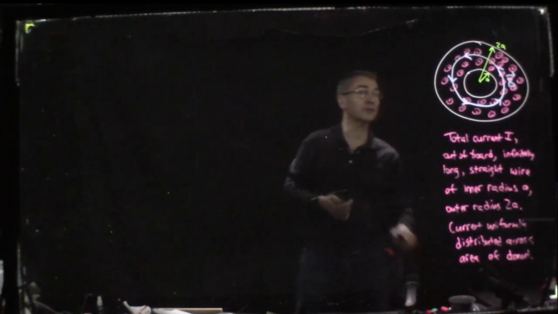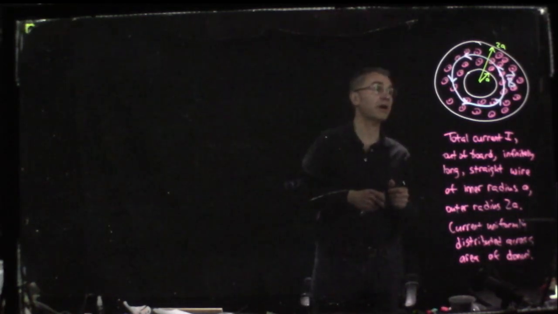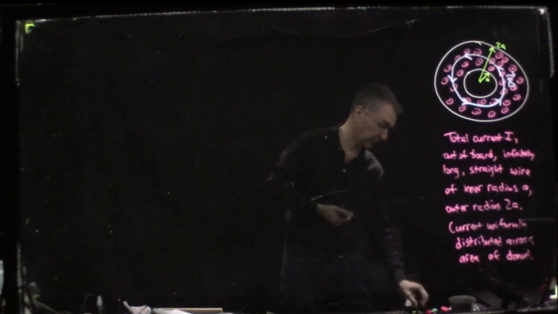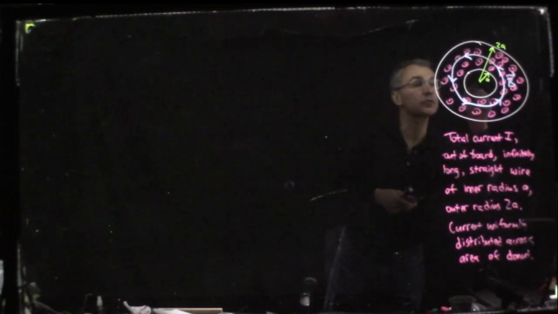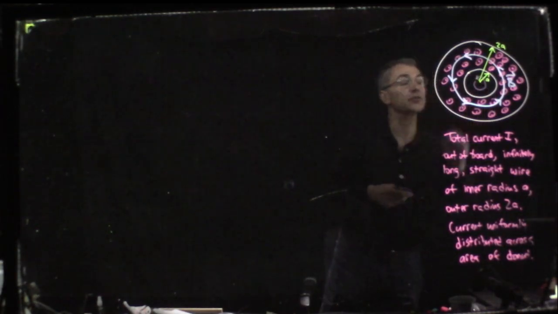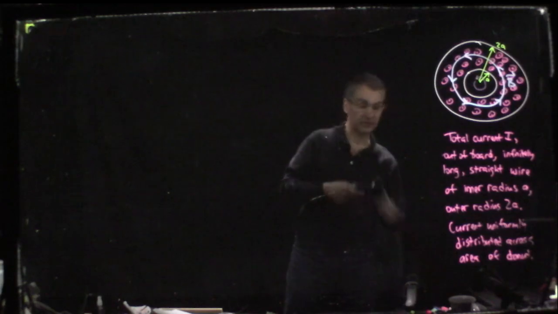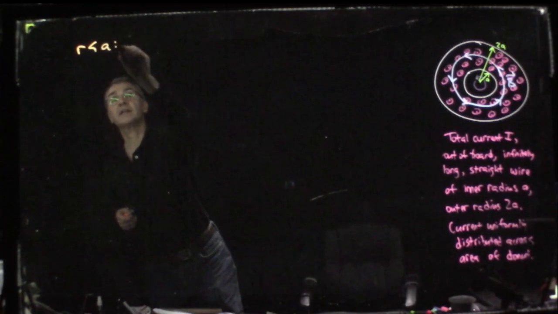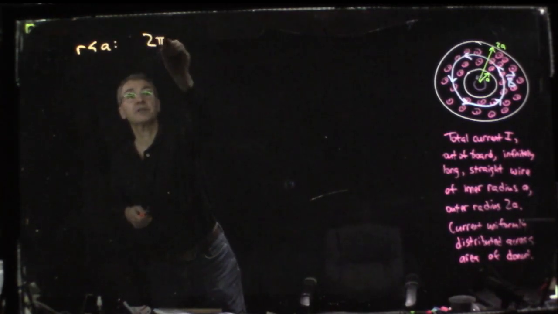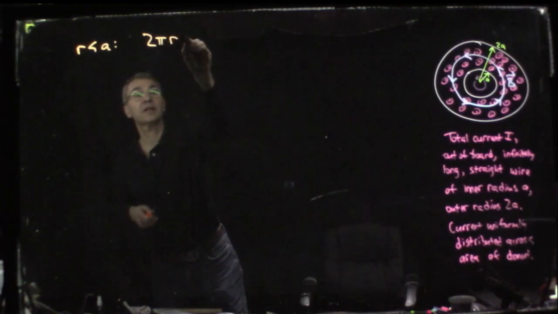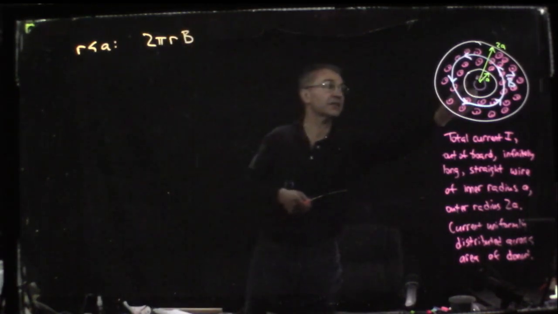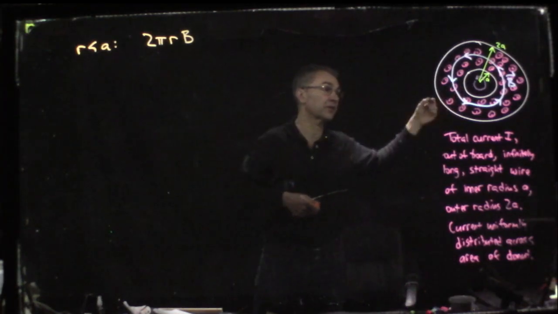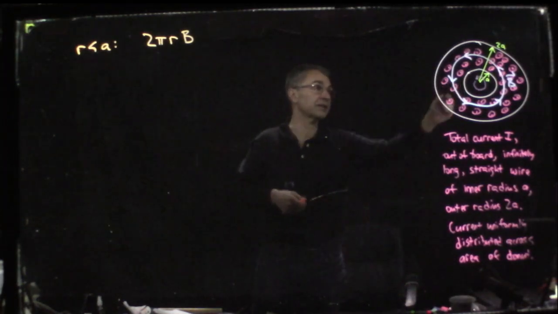Now we can evaluate the magnetic field using three different Ampere's law loops. Let's first do a loop that goes around here for the region R less than A. By symmetry, the magnetic field depends only on the radius. It doesn't depend on this azimuthal angle, and it also doesn't depend on the coordinate z along the axis.